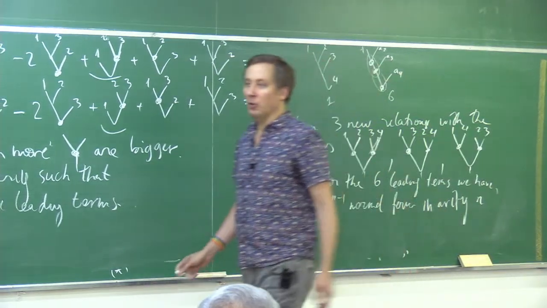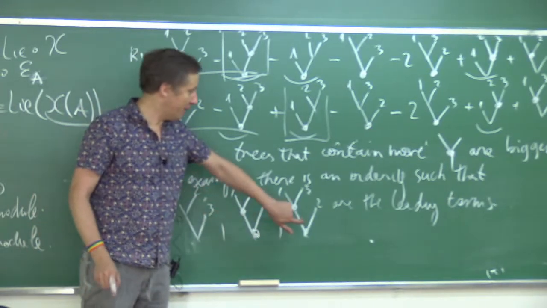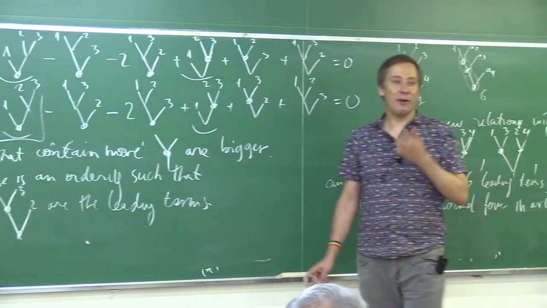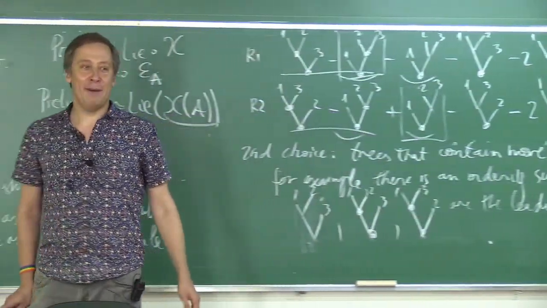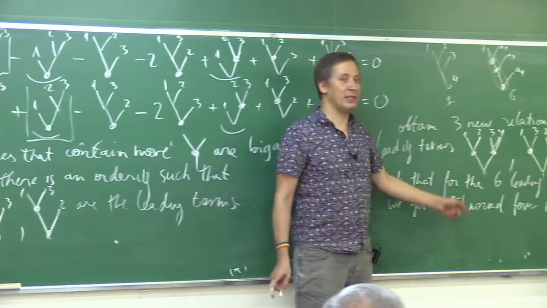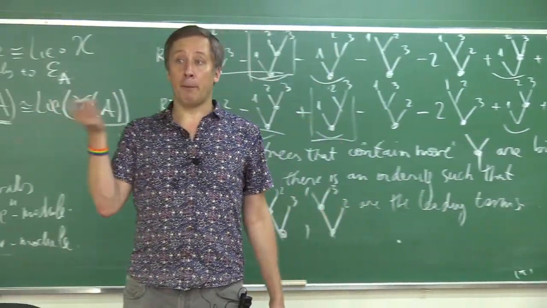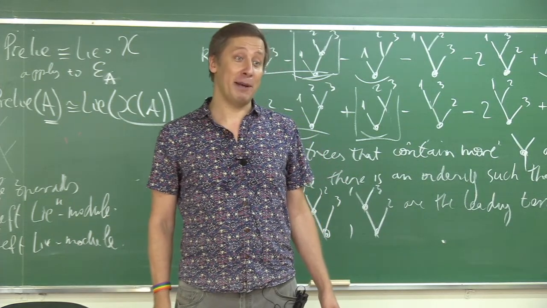So you look at shuffle trees that do not contain this fragment, this fragment, this fragment, and these 3 fragments. It's possible to do some combinatorics and establish that the number of normal forms is equal to n to the power n minus 1. And this is precisely the dimension of the multilinear part of the operad of right symmetric algebras.